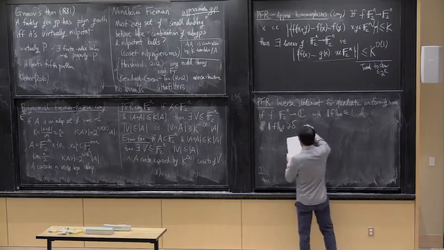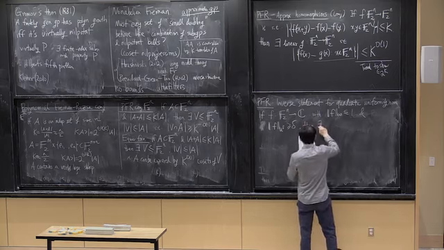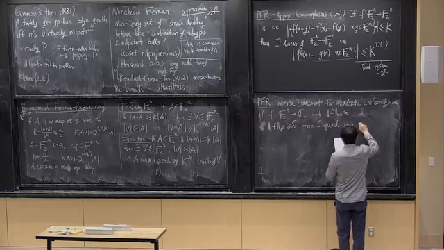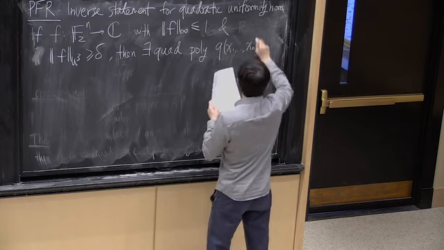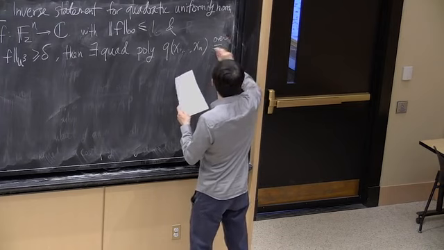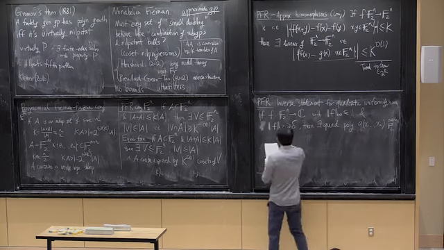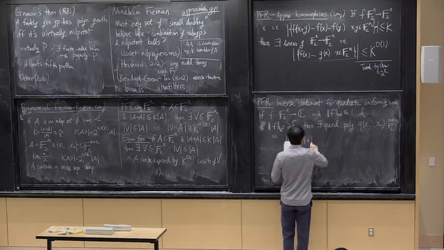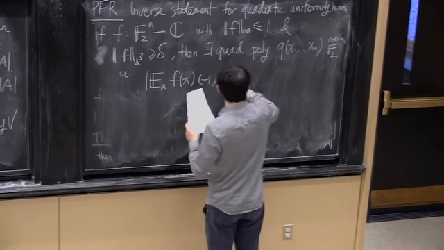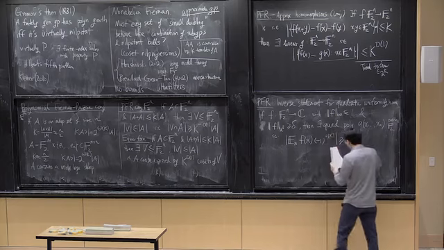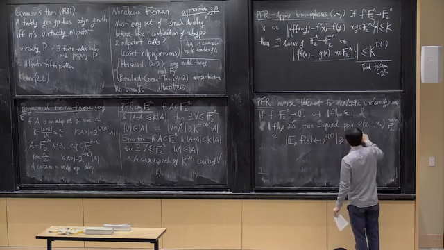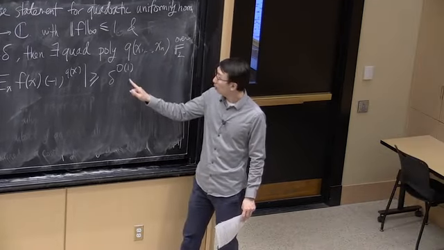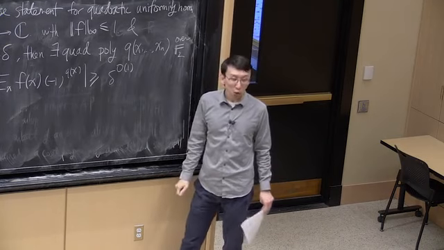If this is true, then there exists a quadratic polynomial Q in n variables over F2, such that your function f correlates with this quadratic exponential in Q. And the correlation here is something where you only lose a polynomial in the parameters.